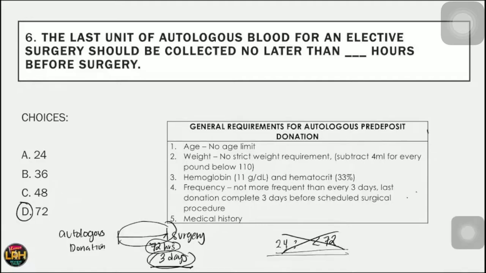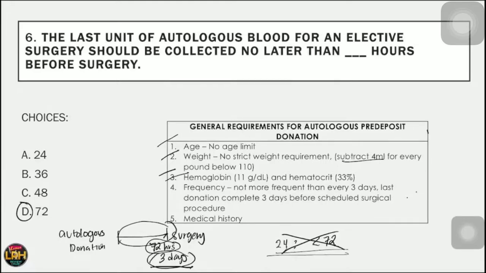So for the general requirements for autologous pre-deposit donation, there is no actual age limit and no strict weight requirement, but we have to subtract 4 ml for every pound below 110 pounds. A hemoglobin of about 11 grams per deciliter, and a hematocrit of 33%.